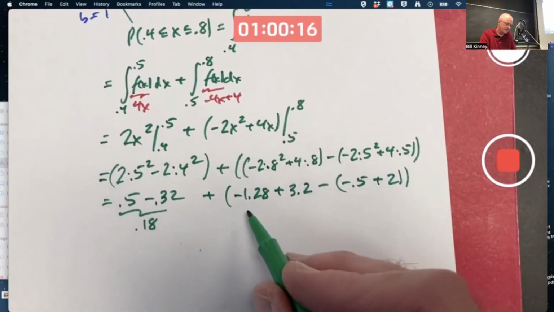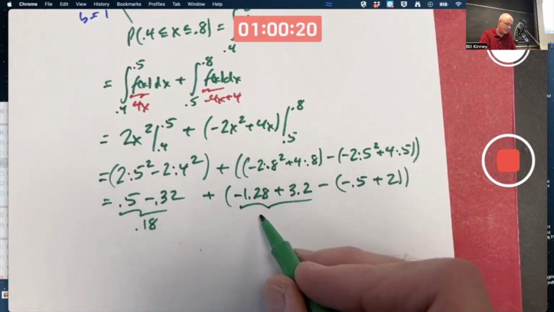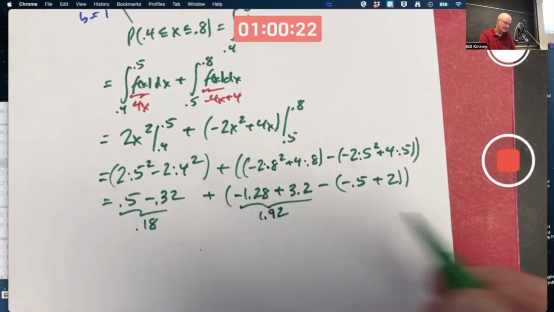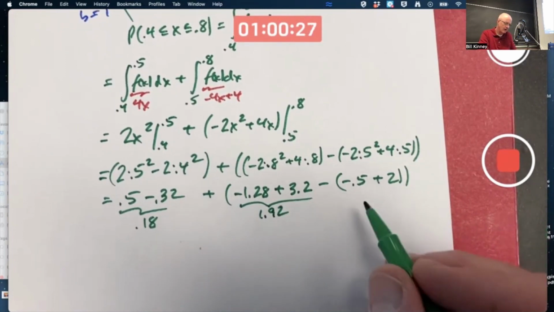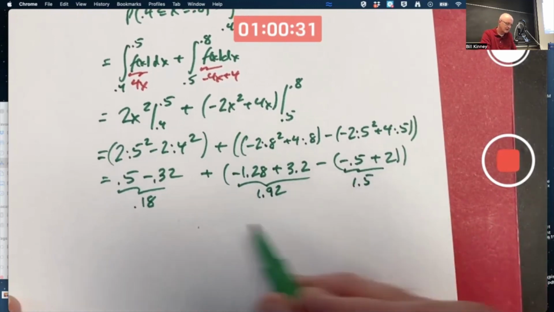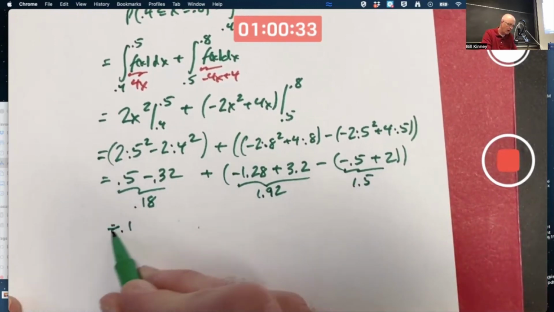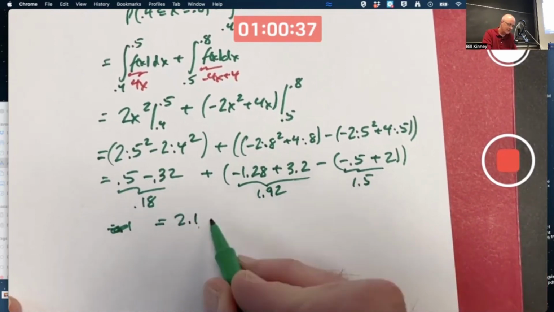Almost done. That simplifies to what? 1.92, I think. Is that right? Yeah, I think so. And this simplifies to 1.5. I got 0.18 plus 1.92 is 2.1. And then I'm subtracting 1.5.